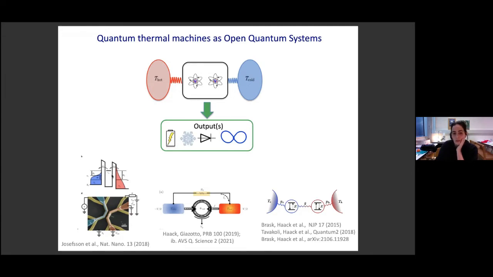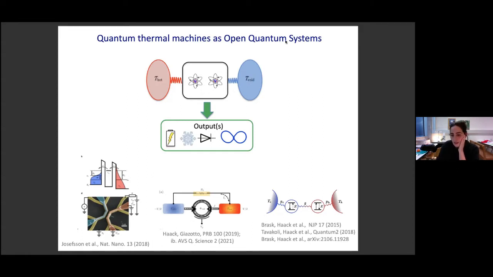There have been experiments exploiting quantum mechanical degrees of freedom, like energy quantization. Here it's a single dot heat engine. Or, with my colleague Francesco Giazotto in Pisa, we were exploiting single particle quantum interferences in an Aharonov-Bohm interferometer to propose a thermoelectric engine.